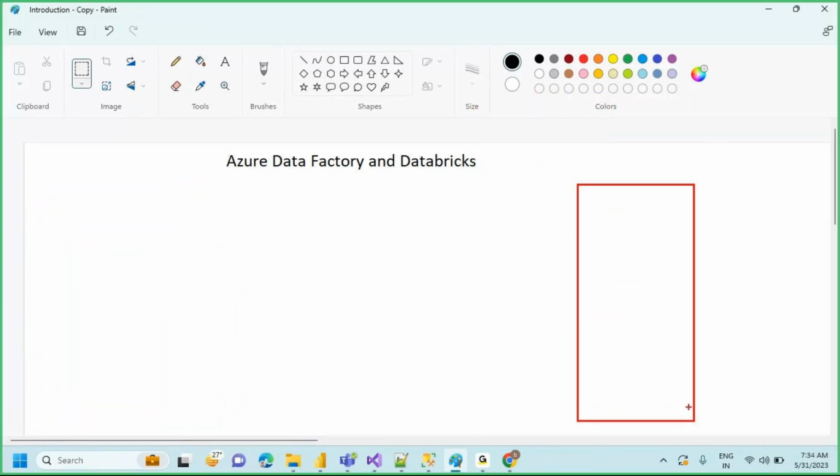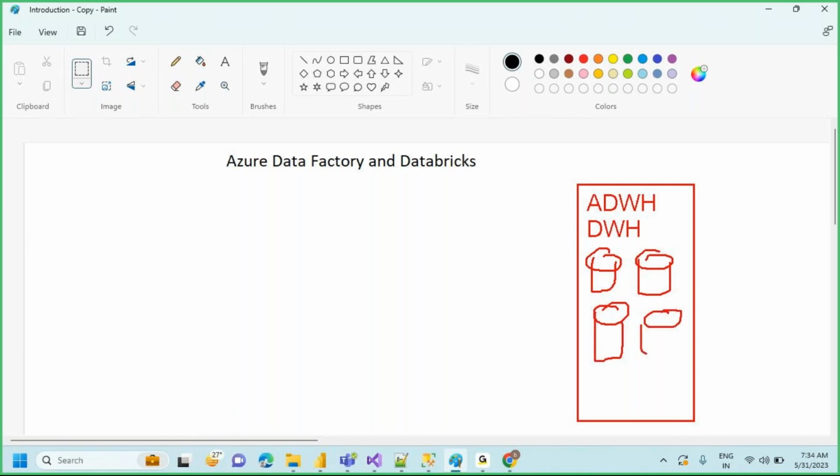Since we are talking about Azure data warehouses, previously we used to have data warehouses, and here also we have SQL Server, Oracle, Netezza. Many things are specifically designed for data warehousing. And Snowflake is also a data warehouse.